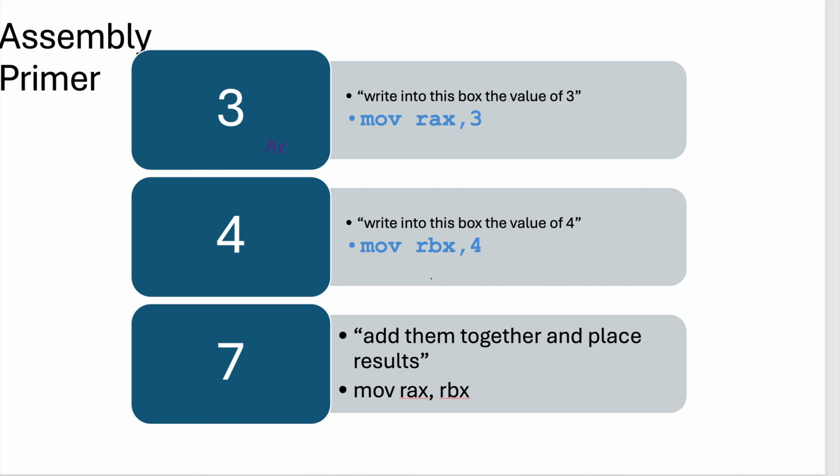So RBX gets 4. This would be BX, because you're moving 4 in here. Now, add them together and place the results. Can you guess what storage location this would be? If you guessed AX, you'd be correct, because you are storing the sum into RAX.